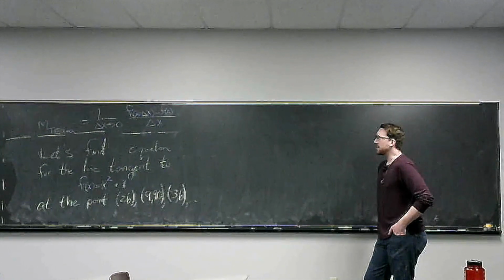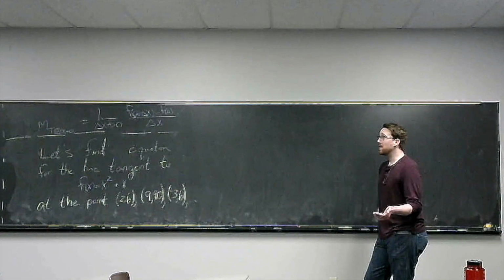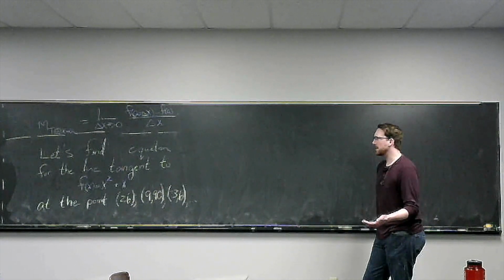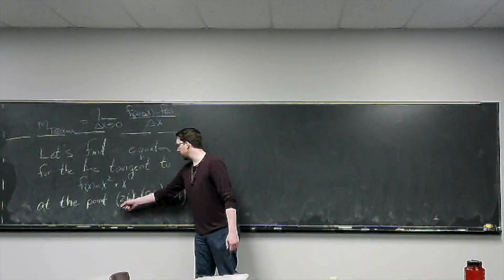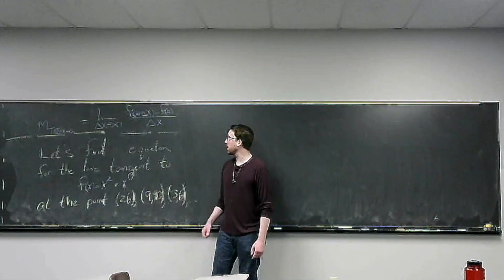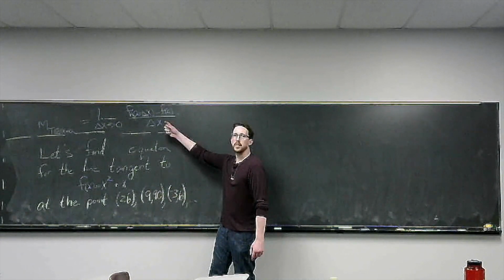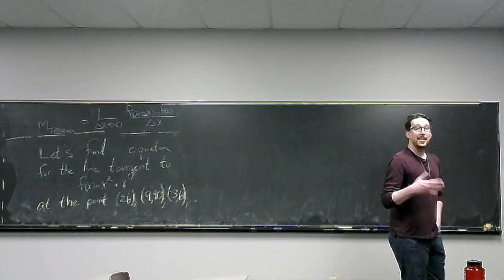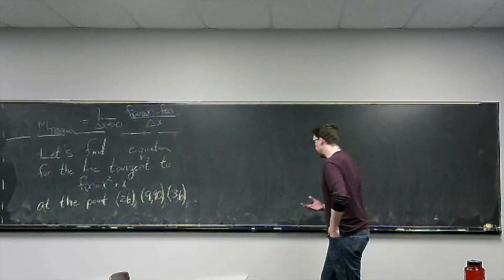So wouldn't it be nice to have a generic formula to find the slope of a tangent line? Yeah, absolutely. Because then all you have to do, once you have that generic formula, is plug in 2, plug in 9, plug in -3, instead of applying this definition every time. This idea is called the derivative.